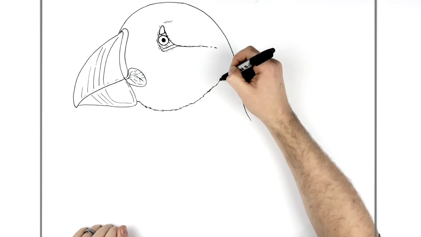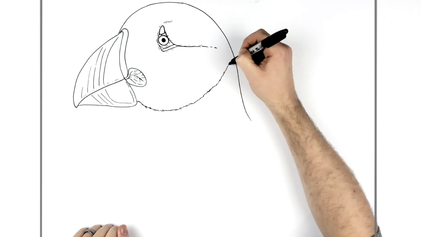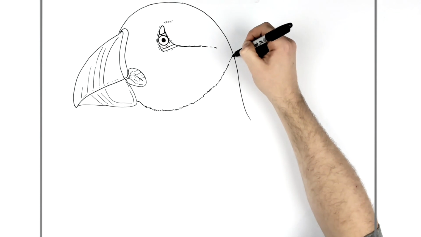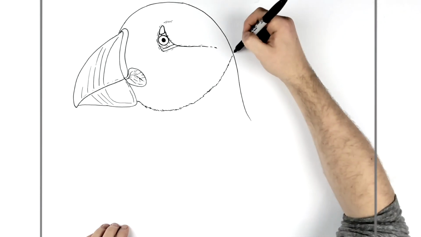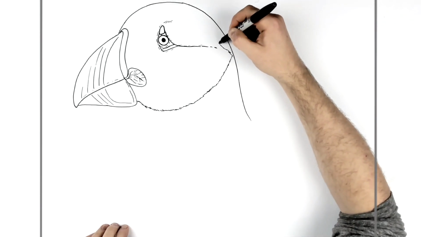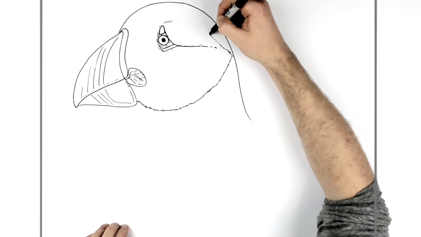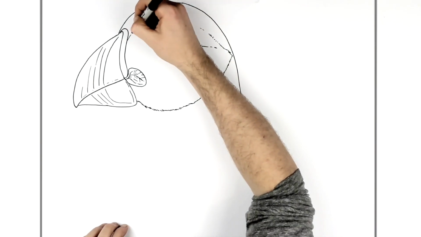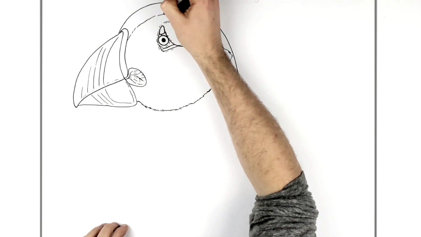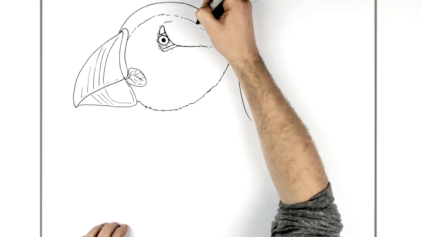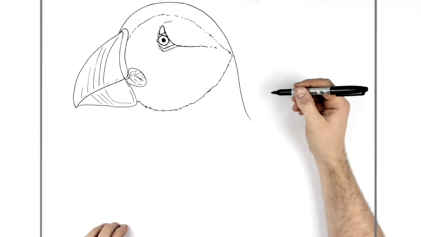This comes up to a point at the back of his head, up to there, and then we start to travel this way again. It goes around his head here. Like that.